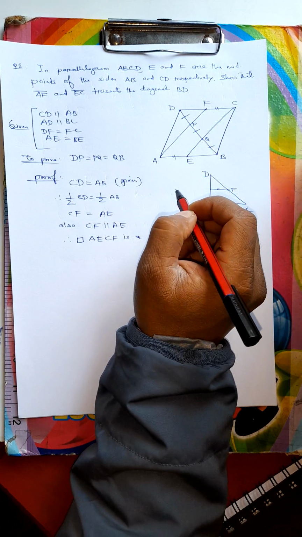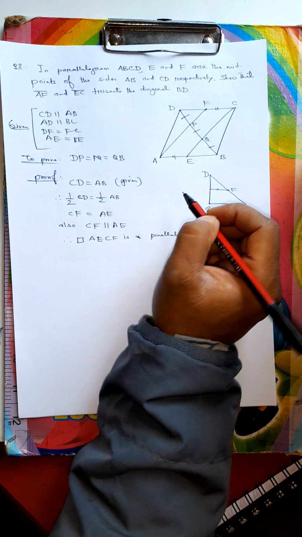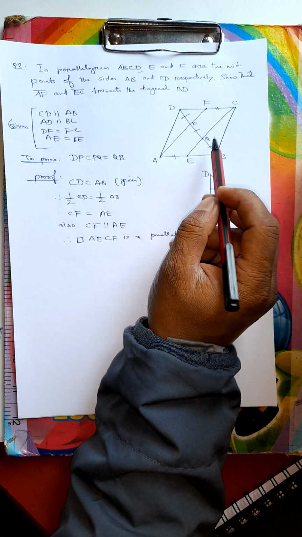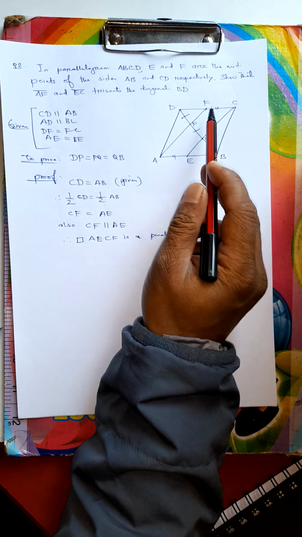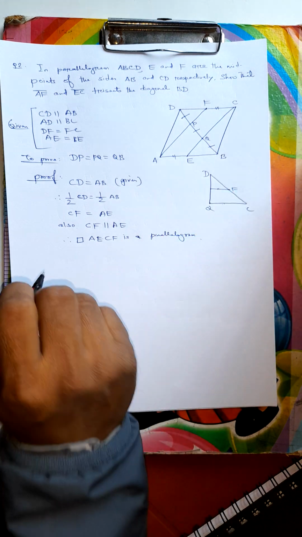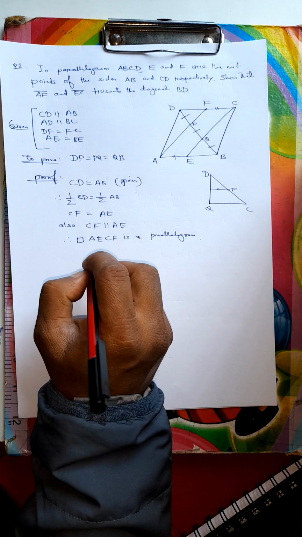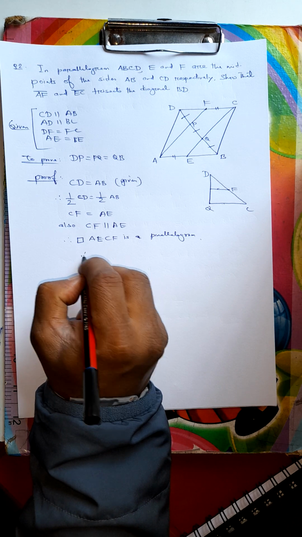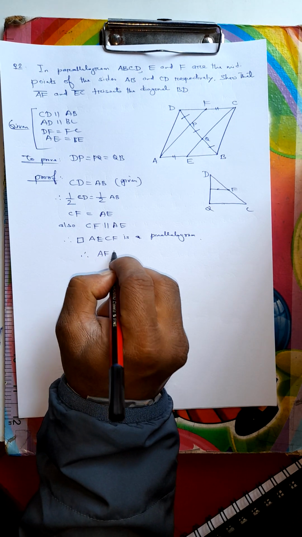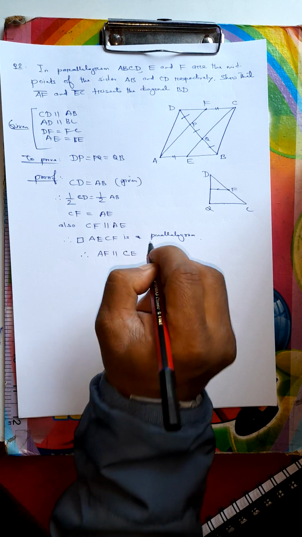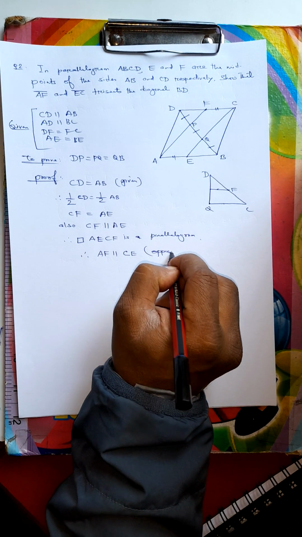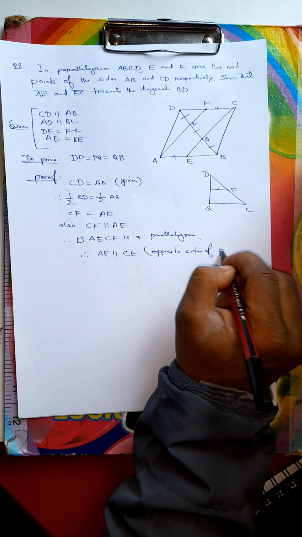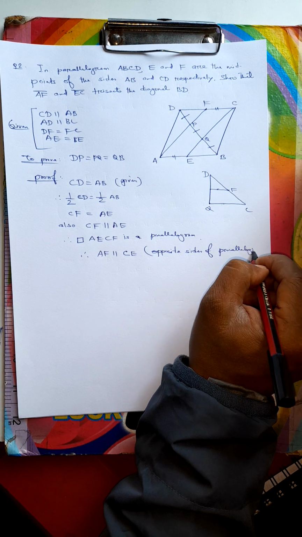Now in quadrilateral AECF, one pair of opposite sides AE parallel to CF and AE equal to CF, so it's a parallelogram. Right? So if it's a parallelogram, we can say therefore AF is parallel to CE. Why? Opposite sides of parallelogram.